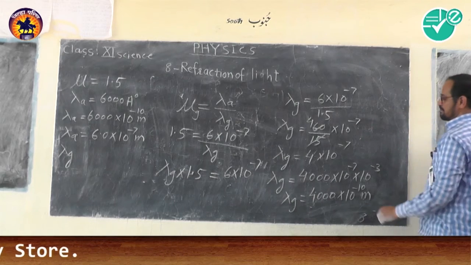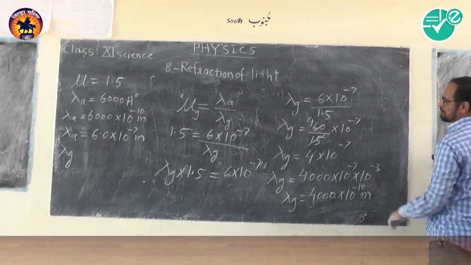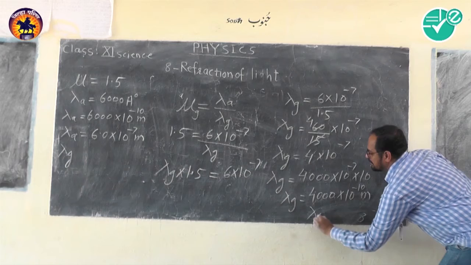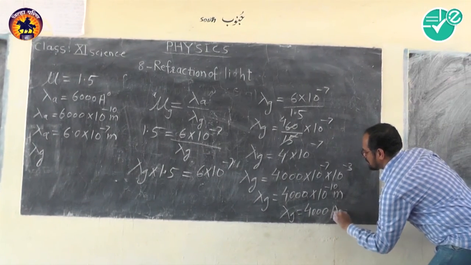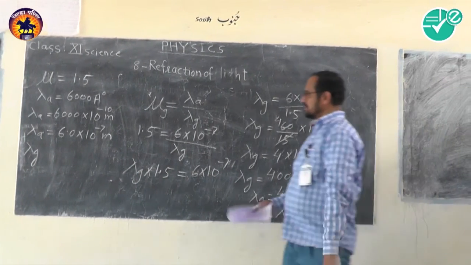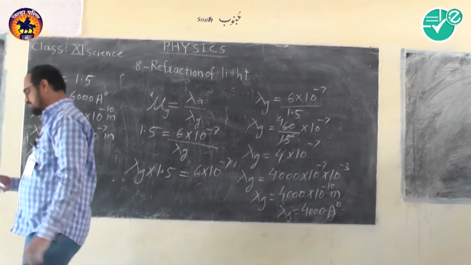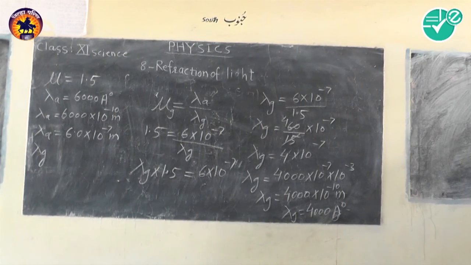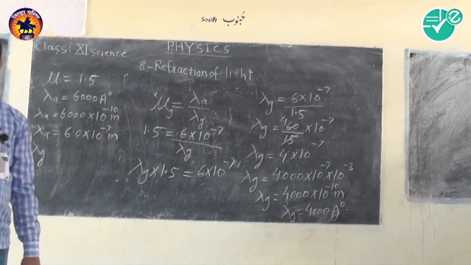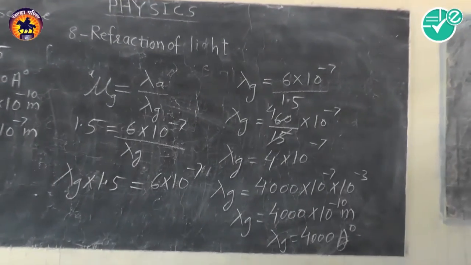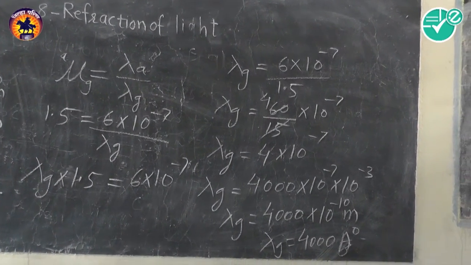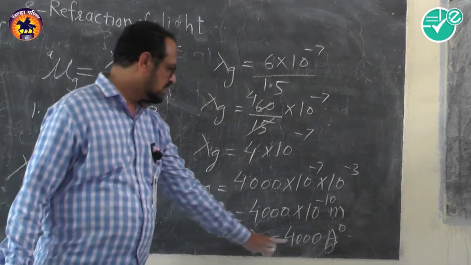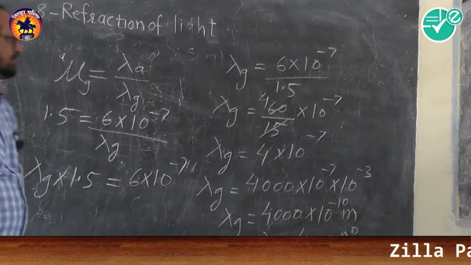Or in angstrom unit, the answer will be 4000 angstrom unit. So here the options are given: 4000 angstrom unit, 6000 angstrom unit, 9000 angstrom unit, and 15000 angstrom unit. But the answer we get is 4000 angstrom unit.